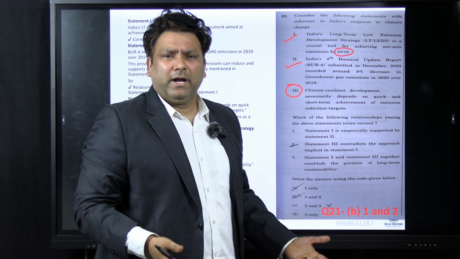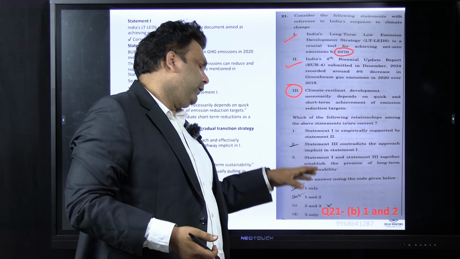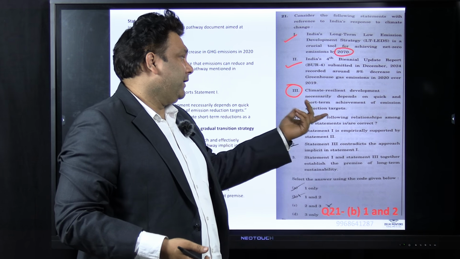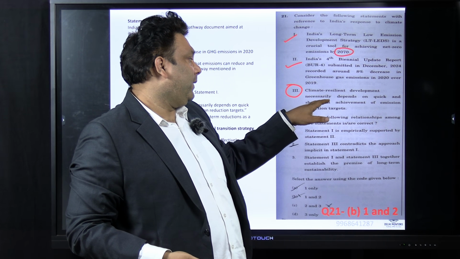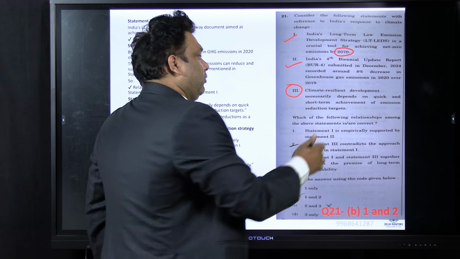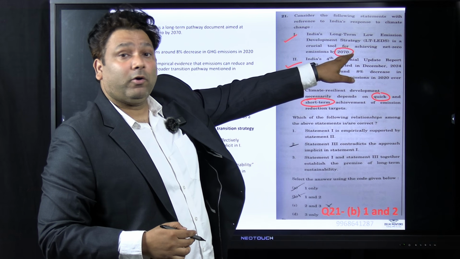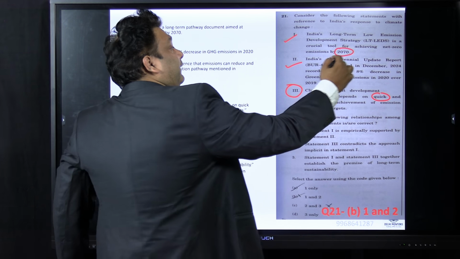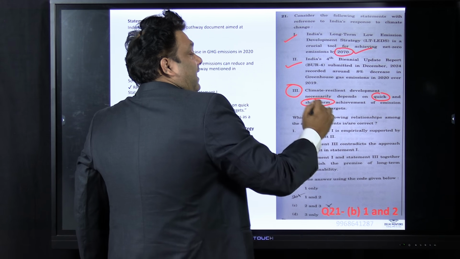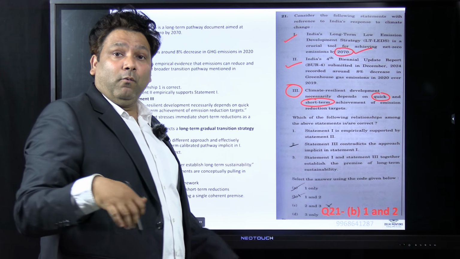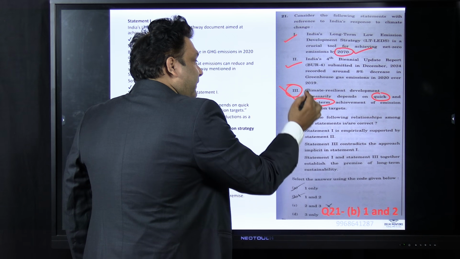Now even if you don't have knowledge, how you have to use the elimination method, you can see here. So climate resilient development necessarily depends on quick and short term. So quick and short term, and here we are talking about 2070. So this is something which is long term and this is something short term. So what we can do is you can eliminate 3 here.